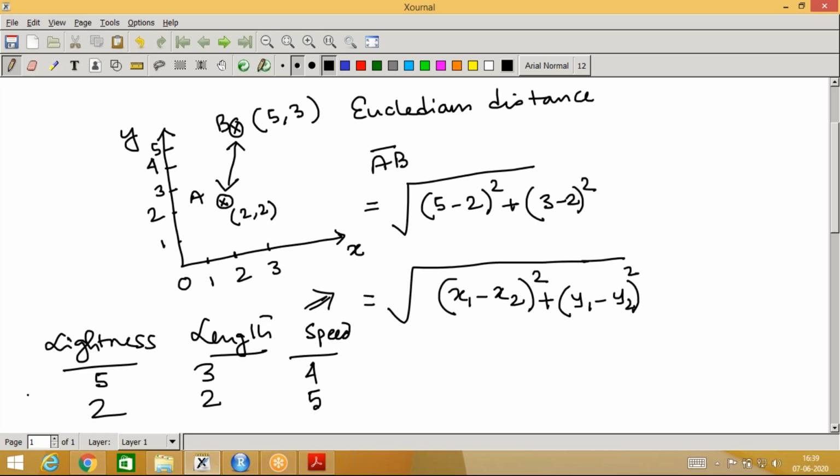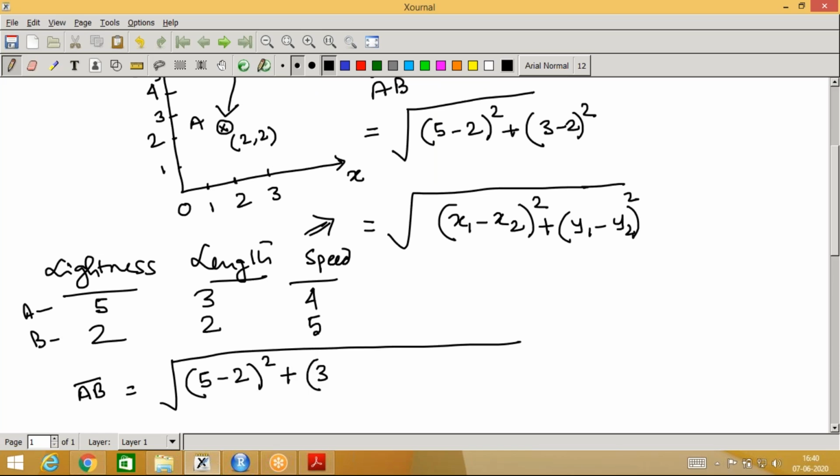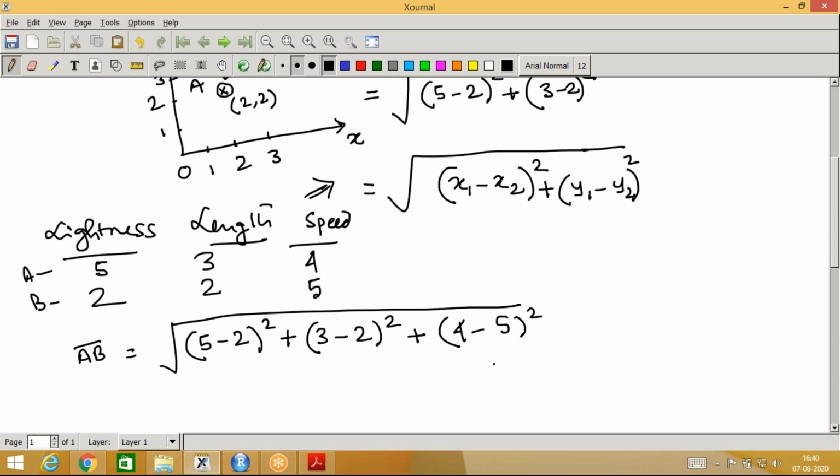Then the distance between point A and point B in a 3-dimensional space will be (5 minus 2) squared plus (3 minus 2) squared plus (4 minus 5) squared.